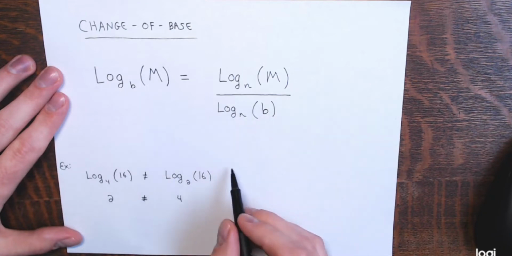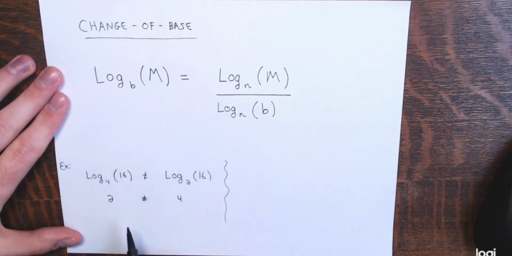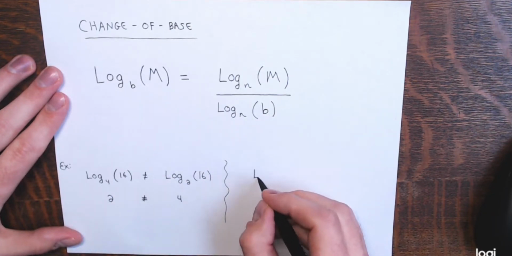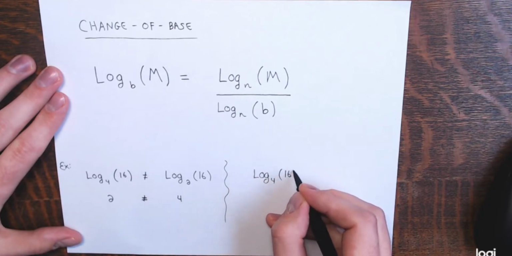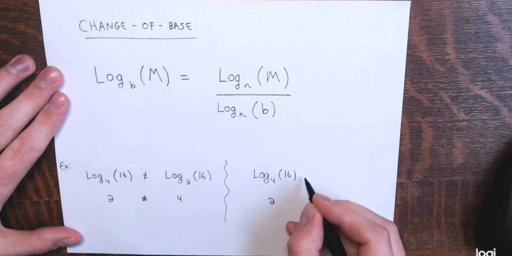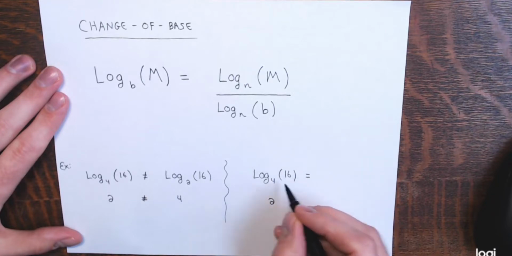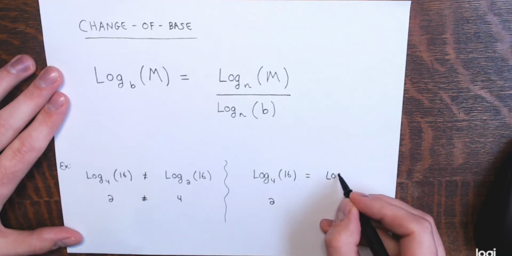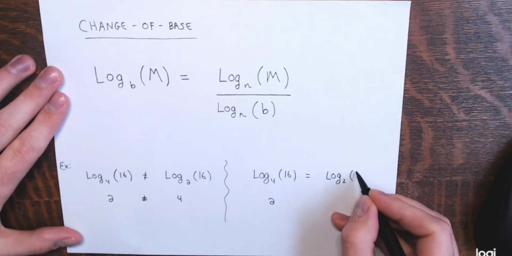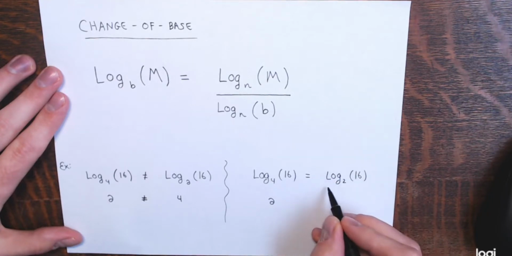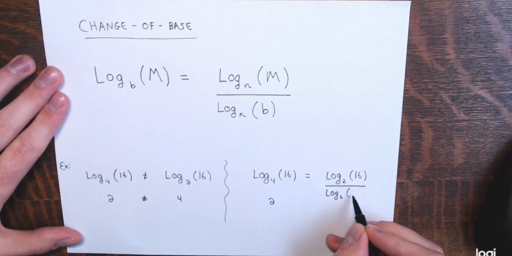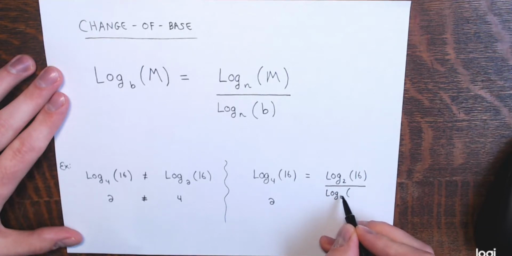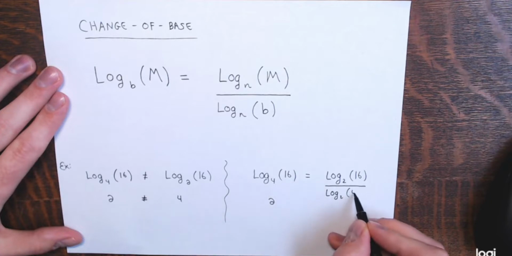Alright, so sticking with the similar example I had here, the log base 4 of 16, right, we know that's 2. If I change base 4 to base 2, say write the log base 2 of 16, I then have to divide by another logarithm base 2, and the input of this logarithm in the denominator is the original base.